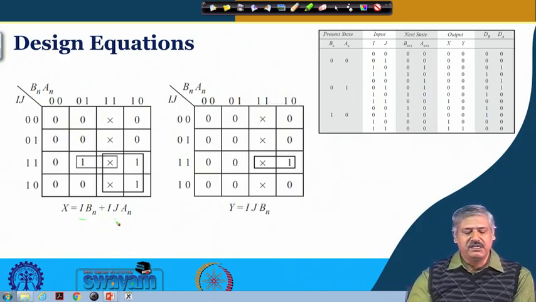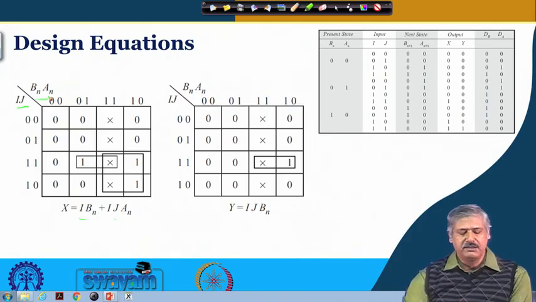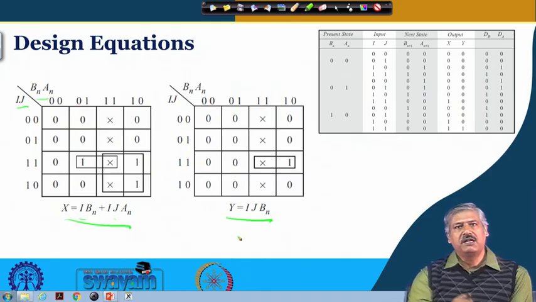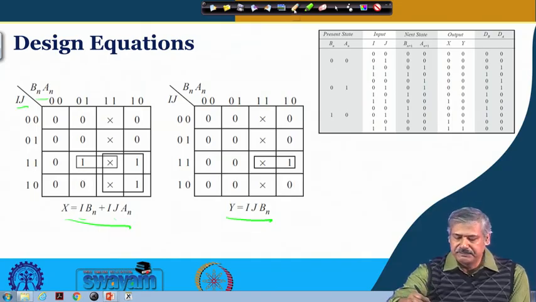So these I and J would not have been considered. Okay, that is why you see that these two inputs as well as the states are considered over here. So accordingly this is the equation, and you have got another equation for y over here. Okay. So x and y. So we are directly mapping it from state table to the design equation following the similar process that we have followed before. Okay.